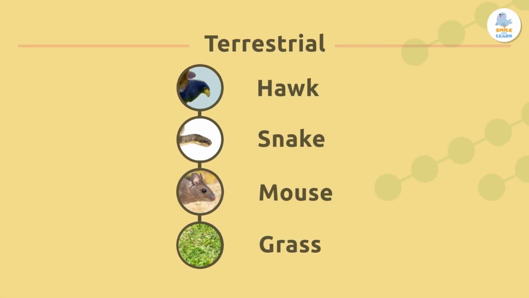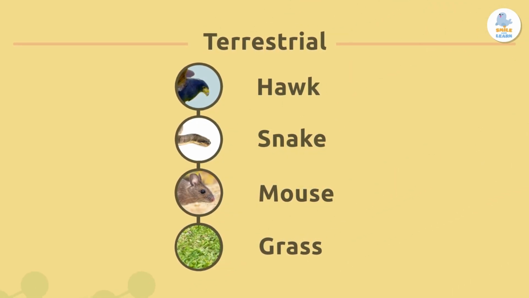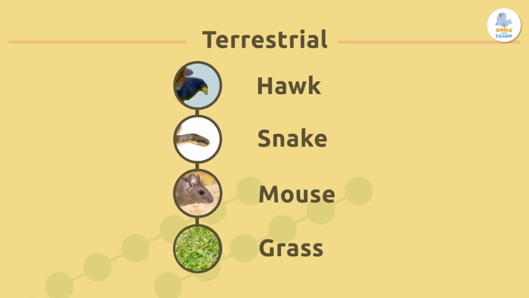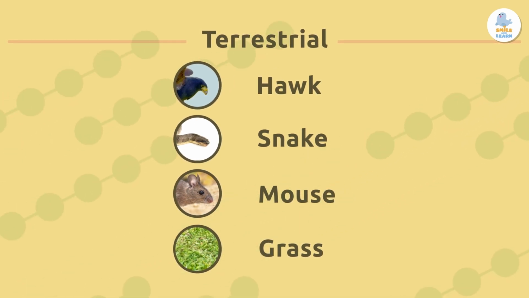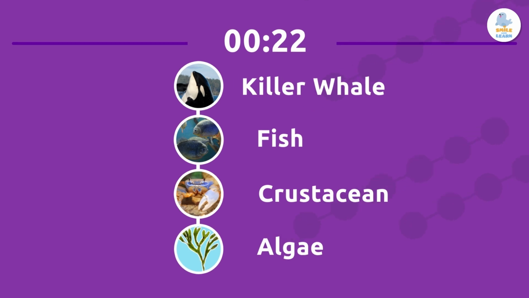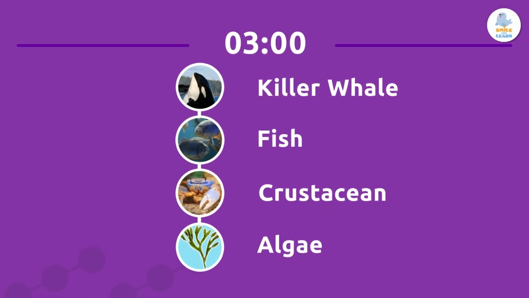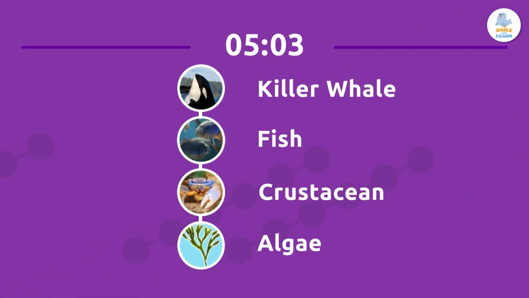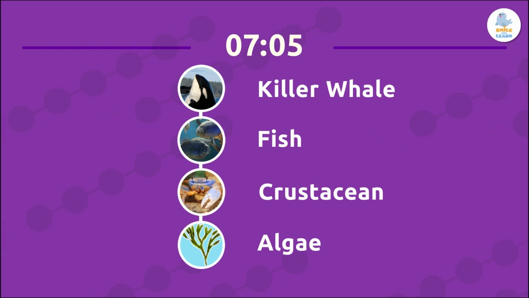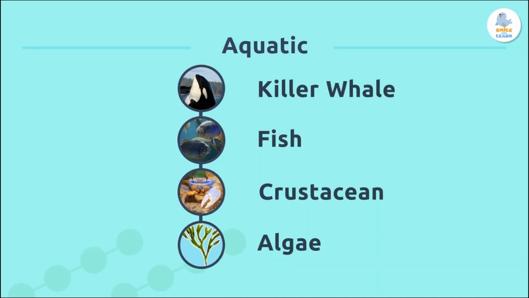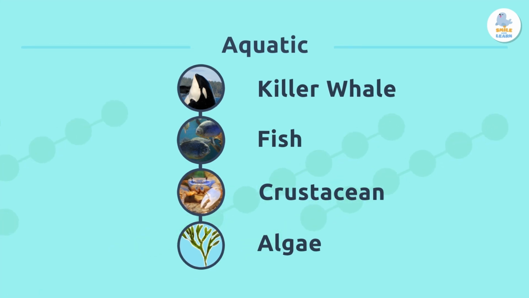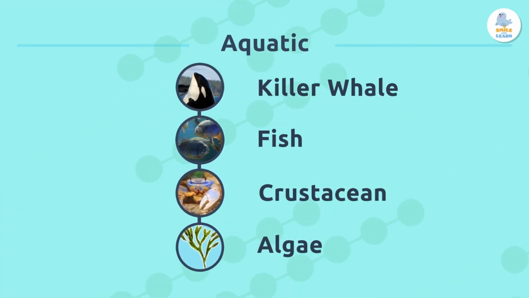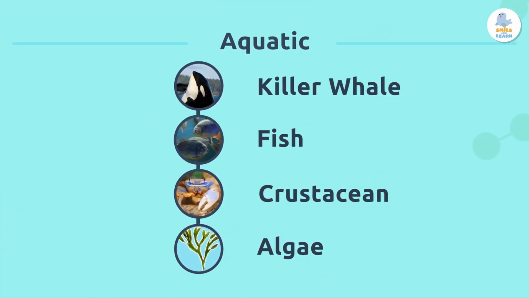Terrestrial, because the living beings in this food chain get their food from terrestrial habitats. Let's try another one. Aquatic, because the living beings in this food chain get their food from aquatic habitats. Very good.